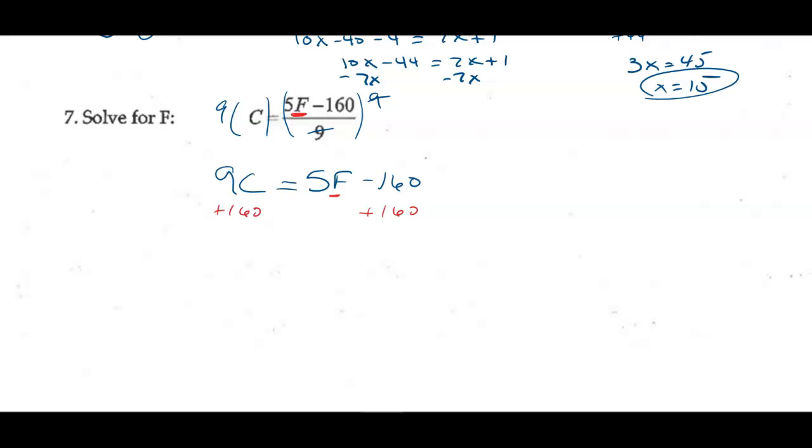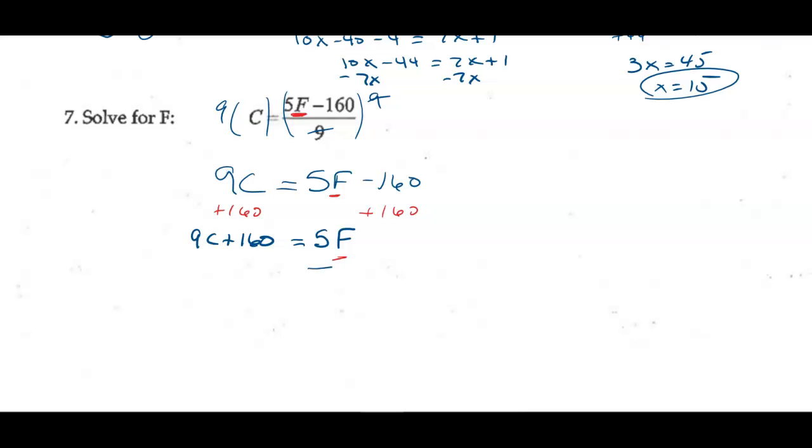And you might say, how do I add 160 to a 9c? Well, you don't really. You just write it as 9c plus 160. It's a formula. You're not going to be able to combine terms very easily. But again, our only goal is to get f by itself. We're almost there.